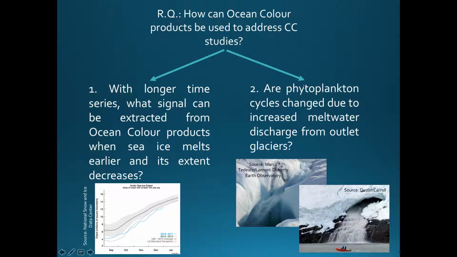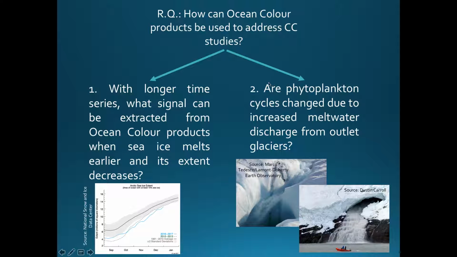So my research question is, how can these ocean color products be used to address climate change studies? We will look in two ways. We will look at offshore areas where the Arctic sea ice extent is decreasing or it's melting earlier in the year. And so what signal can be extracted from these ocean color products when the sea ice disappears sooner in the same season?